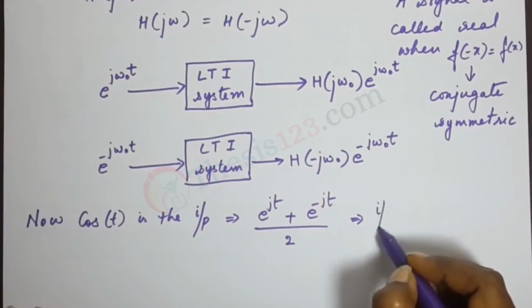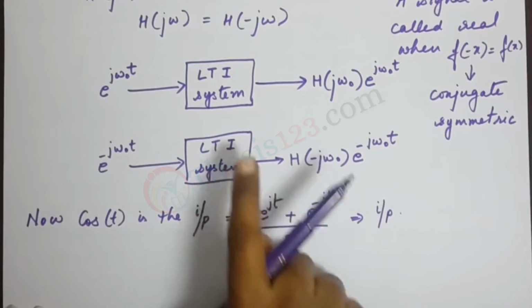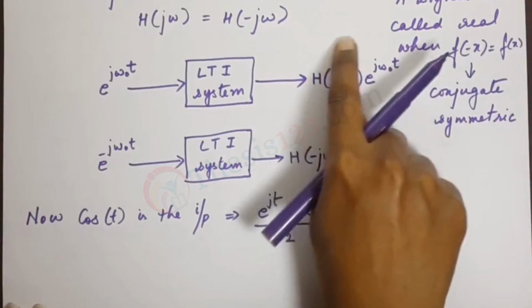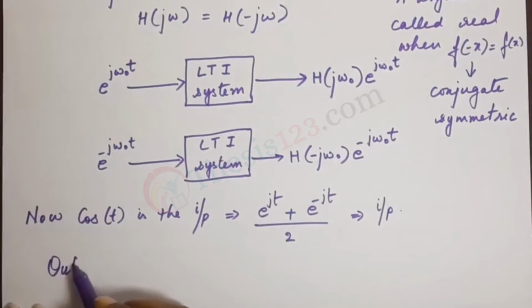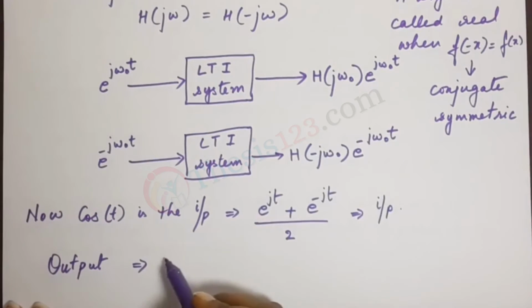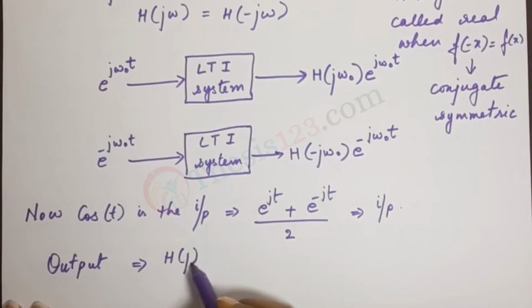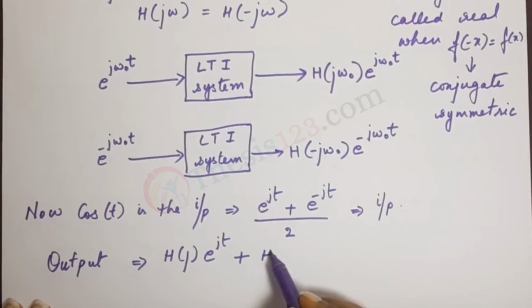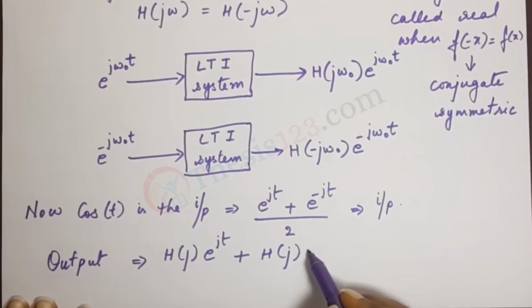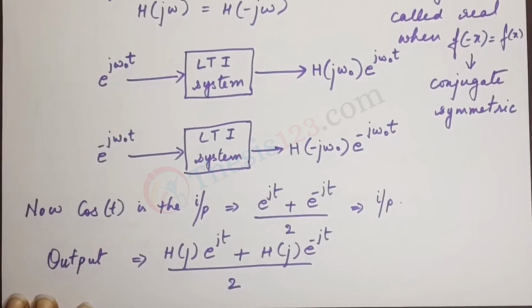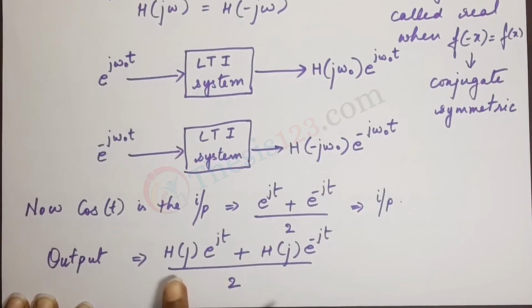Now this is the input, okay? So if we pass this signal in the LTI, this is what we obtain. Let's write the output. So the output would now be H(j) times e^(jt) plus H(j) e^(-jt) divided by 2. Exactly the same.